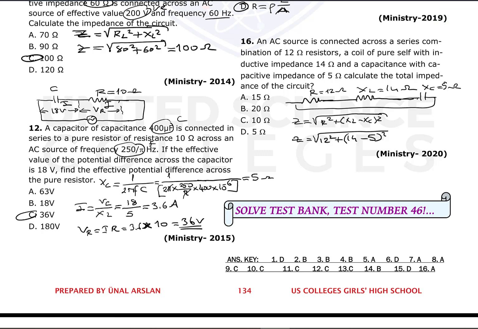Now use the calculator. 12 squared plus XL minus XC, 14 minus 5 squared, equals 225. When we get the root of 225, result is going to be 15. 15 ohms is the total impedance of the circuit. So this is all about the questions of RLC series circuit.